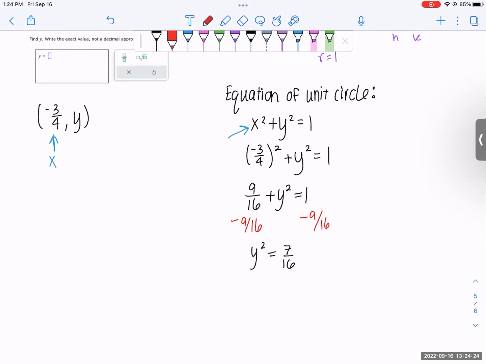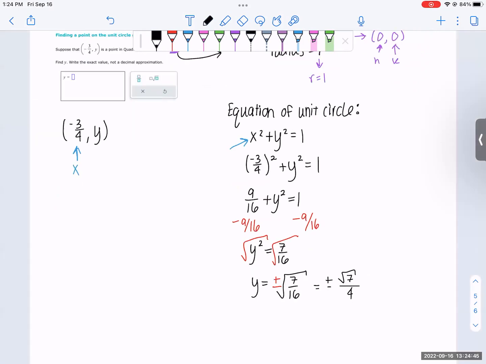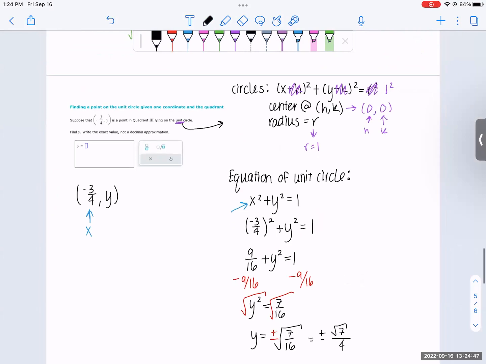Taking the square root on both sides, when we do this, we do have a plus or minus still that we need to take into consideration. So we take the square root on both sides, we leave the plus or minus. This will simplify to square root 7/4 because the square root of 16 is 4. To decide if it's the plus or the minus, we look at this quadrant information we were given.